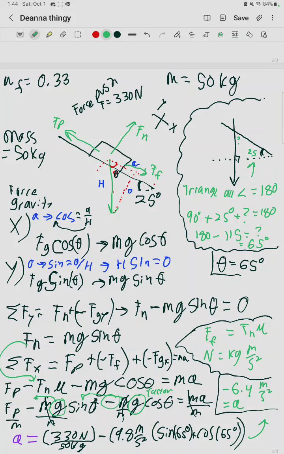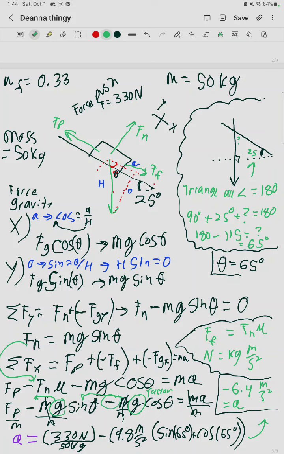Okay. It all looks fine. So, just note that it's negative acceleration, so you're actually going down the hill. So, the poor people pushing this box aren't having it.